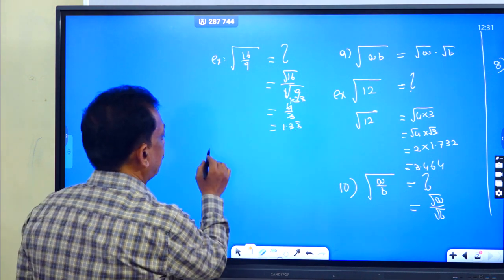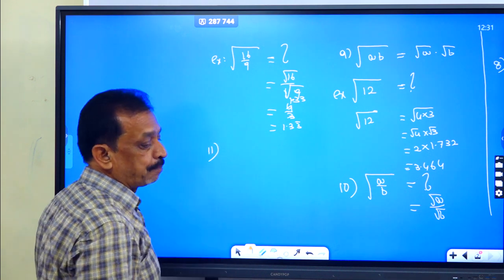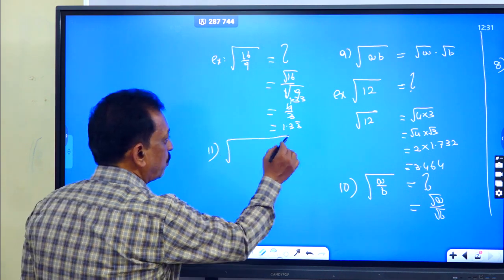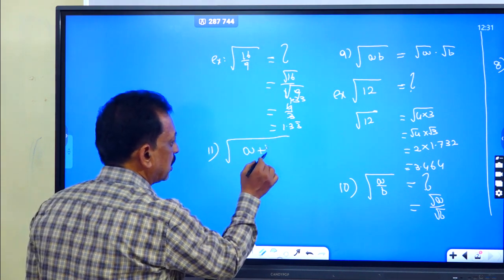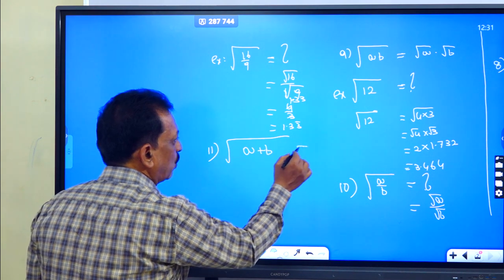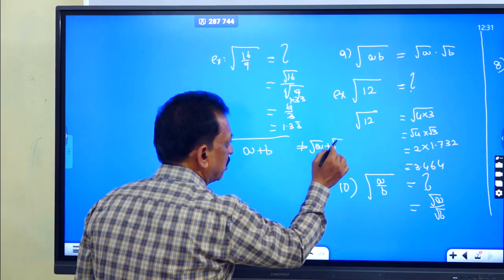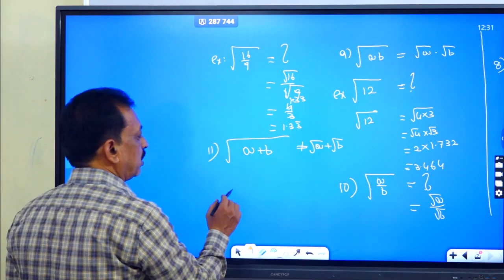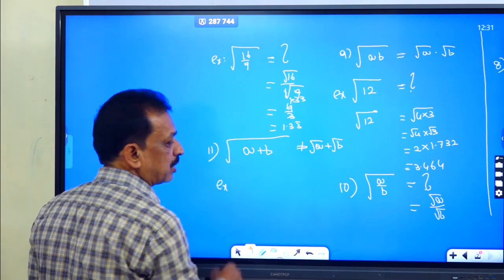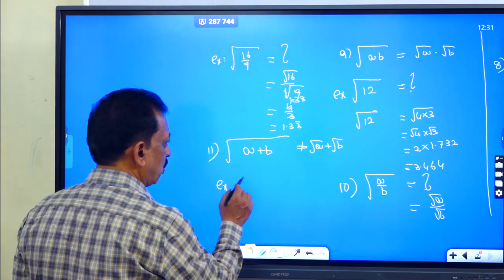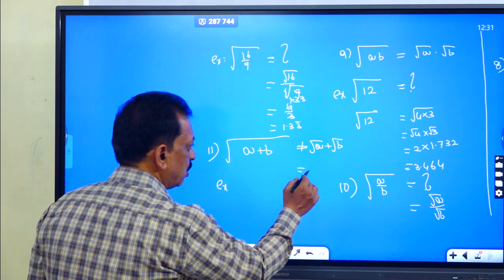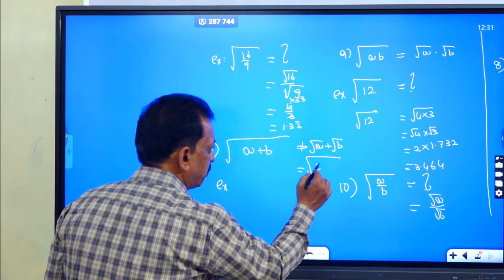Next, number 11, most important: the square root of a plus b is not equal to root a plus root b. If at all someone accepts that, it is wrong, and I can prove it. Square root of a plus b is equal to the square root of a plus b only.